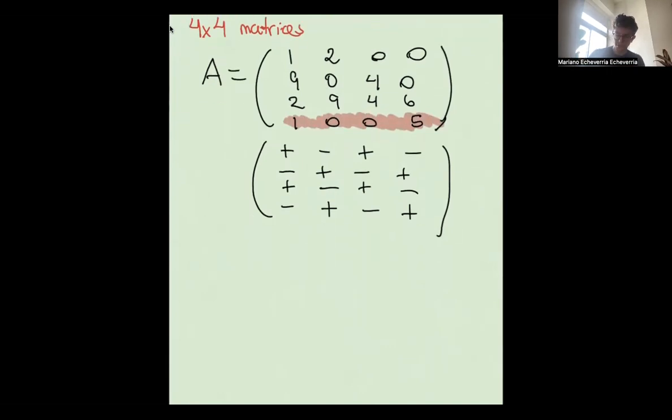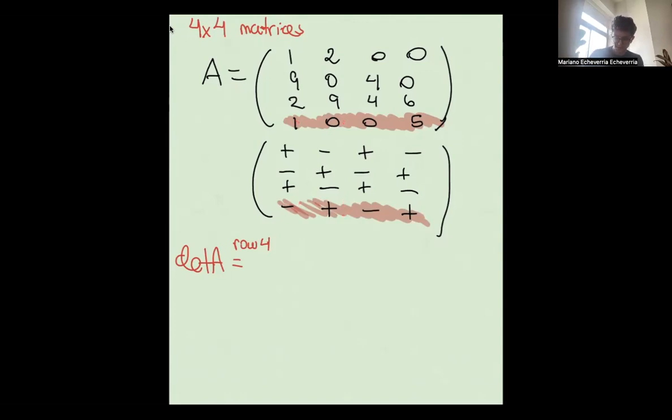So the determinant of A using row 4. What does it mean? It means that I look at row 4 in the table of signs, and you just copy the coefficients in row 4 multiplied by the sign that appears here.